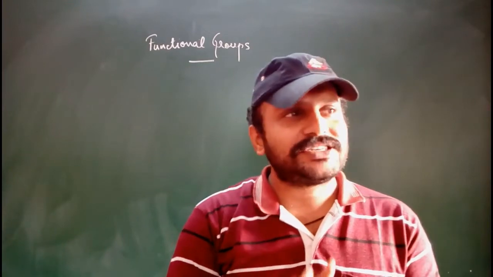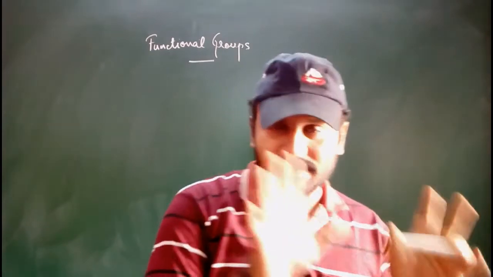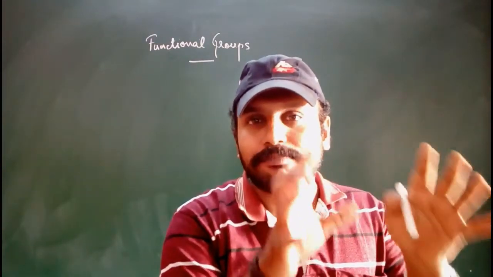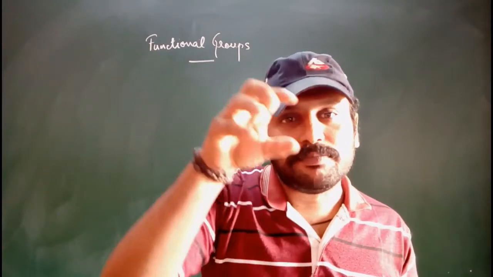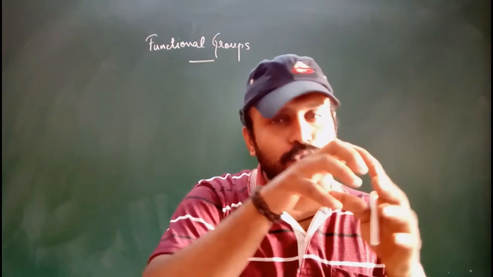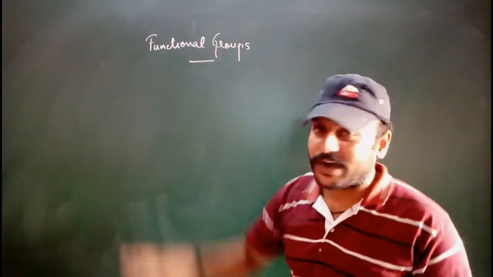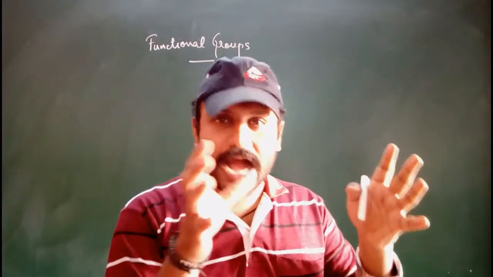So functional groups are nothing but, if you take any carbon compound, the property or the characteristics of that carbon compound will depend on some group of atoms in it. That group of atoms is called the functional group. Understood?